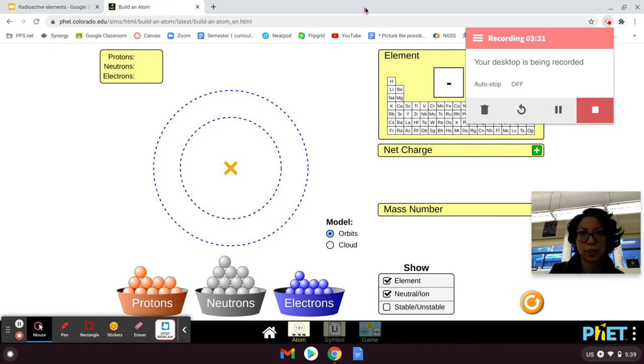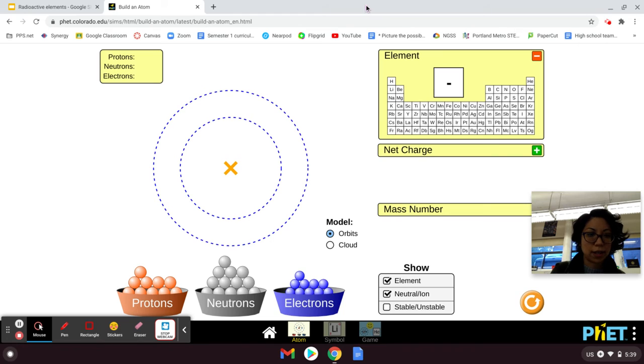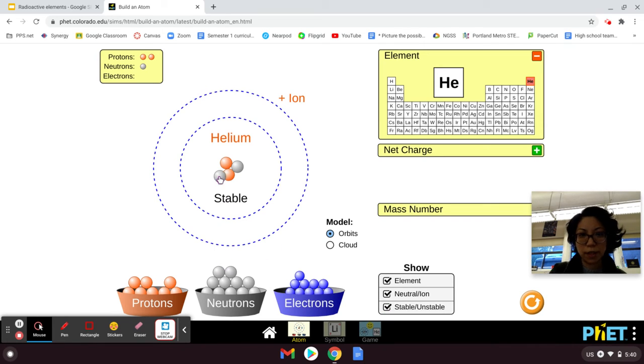Okay. So here we have our little simulation, and I'm going to make a couple different atoms. So I'm going to put a couple protons in the nucleus. I'm going to start putting neutrons. Okay, so when an atom is stable, it'll tell us right down here.